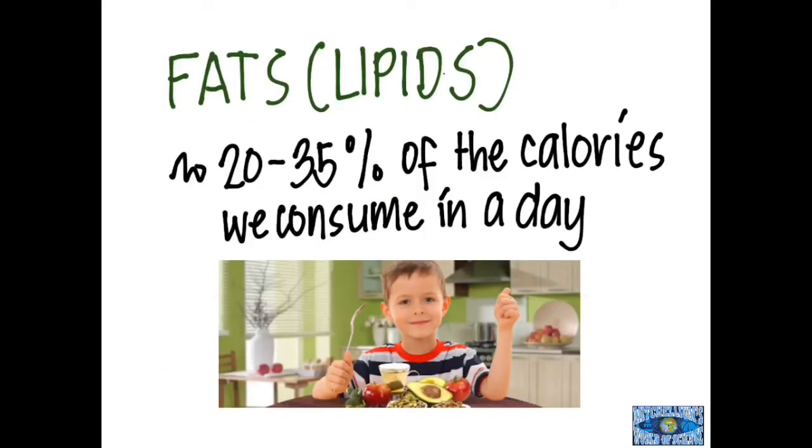Fats, also known as lipids, should make up 20 to 35% of our daily calories. This is so we have enough fatty acids to repair the membranes of damaged cells or construct membranes of new cells that are formed to replace dead cells. For example, our skin cells, which can get damaged and need to be replaced relatively often, need to have access to plenty of fatty acids for repair and construction.